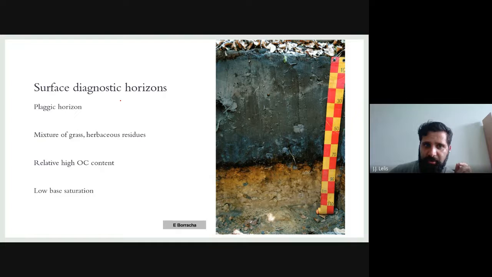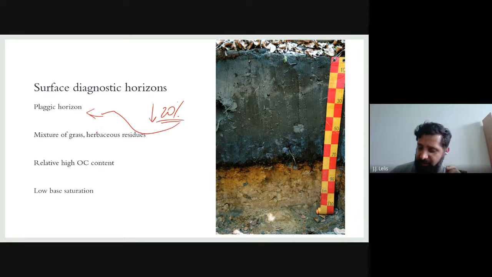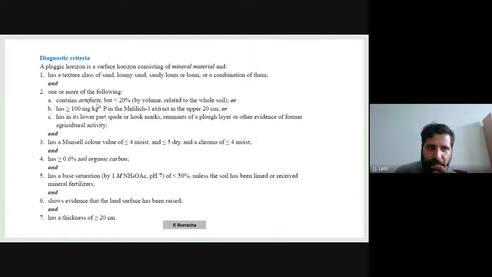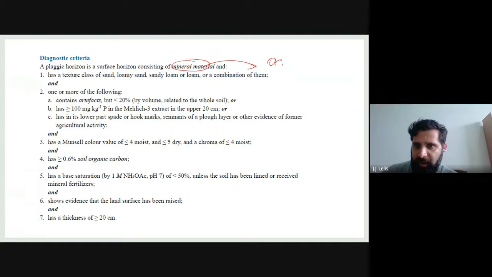But if the content is lower than 20%, it could be a pelagic horizon. A pelagic horizon is a horizon that's composed of mineral materials. So again, the organic carbon content is lower than 20%. This is a very important criterion that we should always follow.